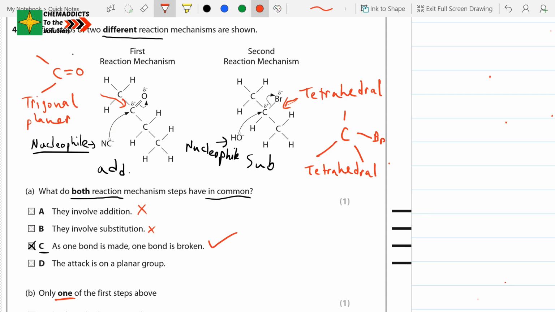Now let us at first draw the structure of these molecules.